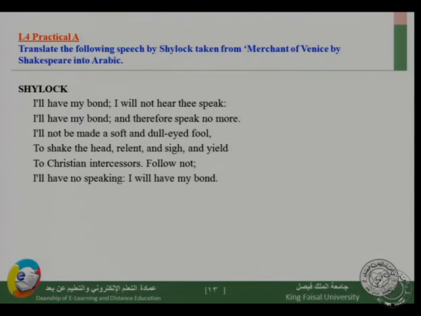Be creative, be imaginative, and be good at transferring style. This is Shakespeare's style. I know it is difficult, but I'm sure you are up to it. You are level 7, which is very good.